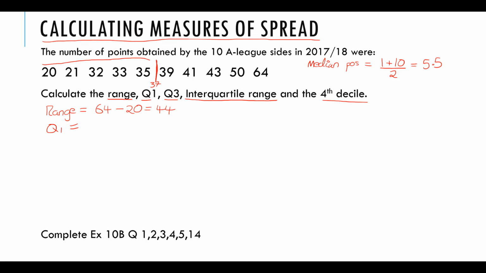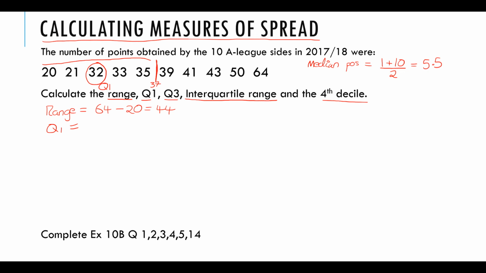We find the median of those pieces of data, that will be our lower quartile. So we've got 5 pieces of data. With 5 pieces of data, 1 plus 5 would be 6. Then divide by 2 is 3. So it's the third piece of data. So we count from the left, 1, 2, 3, we get to 32. So 32 is our lower quartile.